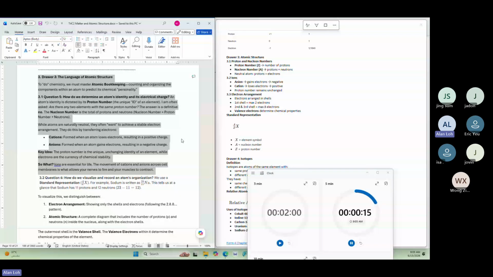By now, you should know a bit more what is proton number and nucleon number, and cation and anion. Okay? Let's move on to question 6. Same drill, it's 90 seconds. I intentionally put question 5 above in case you want to read it again.